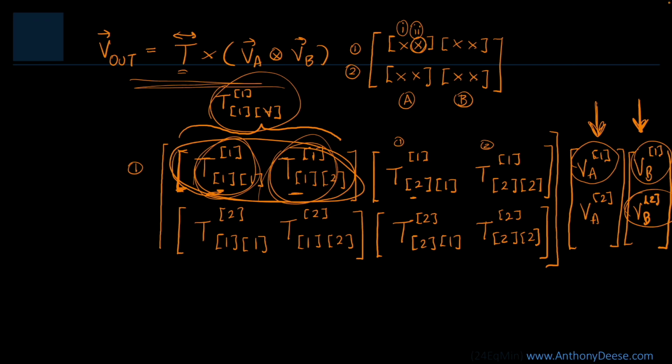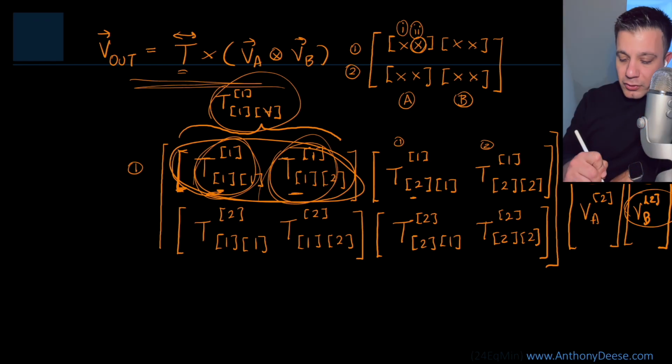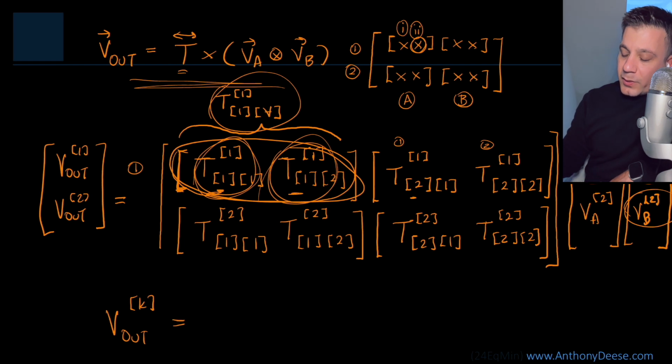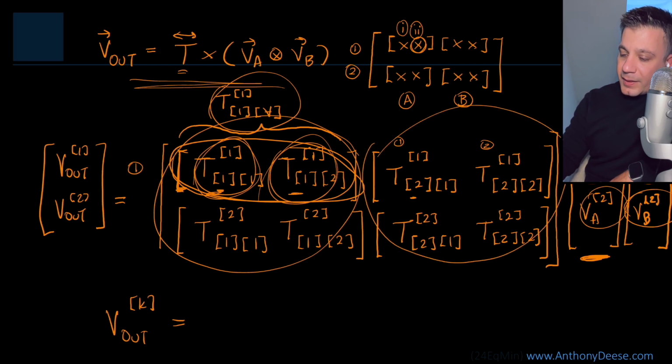But as you can see, if you're trying to generate a single element of the output, right? If we have V out 1 and V out 2, let's say we want to generate a single kth element. That is going to be equal to this times the entirety of this grouped column, this times the entirety of this grouped column, this times the first individual embedded element, and this times the second.